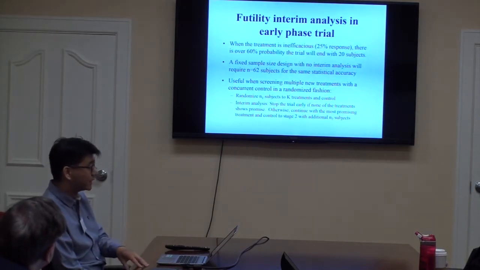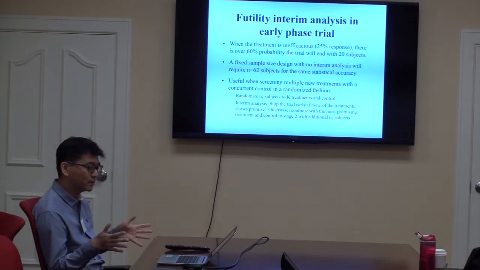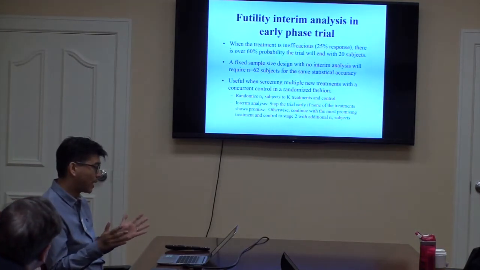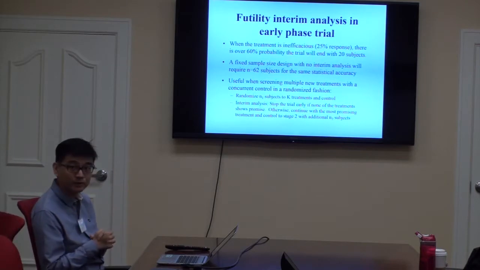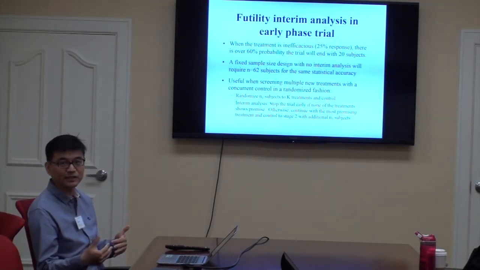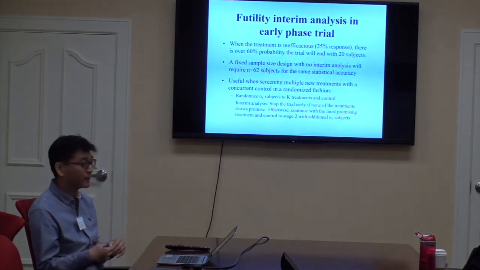And in comparison, if you don't have this interim analysis, you just do a fixed sample size single arm study under the same Type I error and power constraint, you need 62 subjects. So one simple observation, 20 is less than 62. So that's why we want to do it, right?